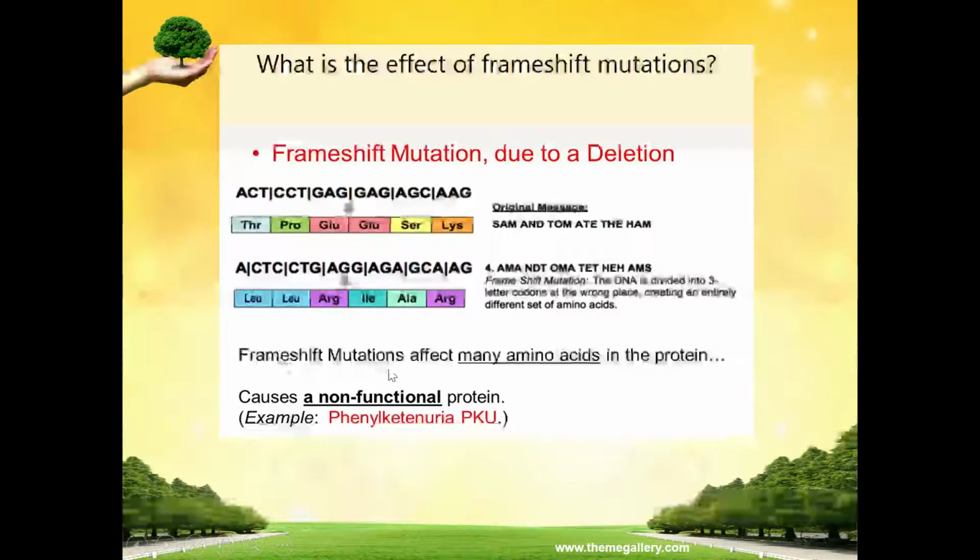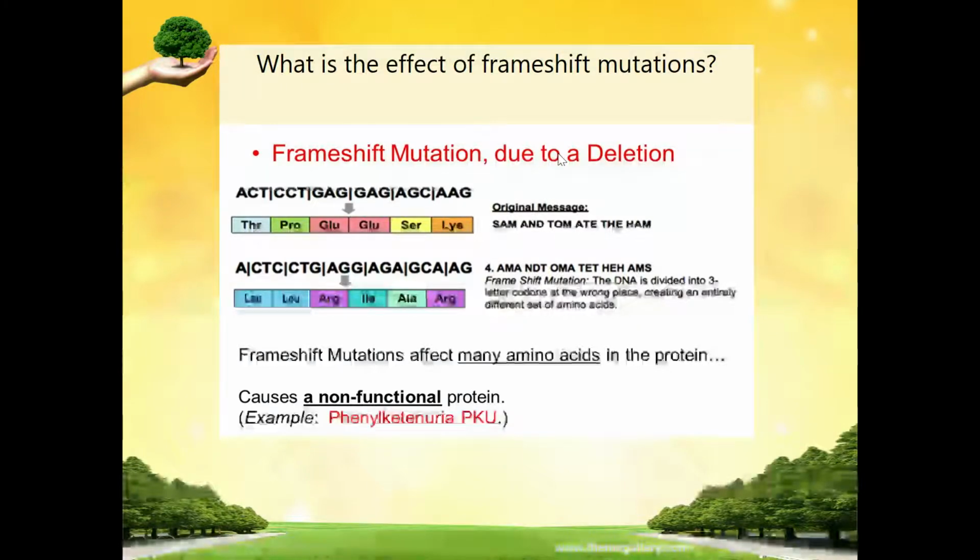Frame shift mutations can lead to a premature end to translation of the mRNA, as well as the formation of an extended polypeptide. You can see, for example, the original message can be Sam and Tom ate the ham. Here it's a nonsense message. The amino acid sequences downstream of the frame shift mutation are also likely to be chemically distinct from the original sequence.